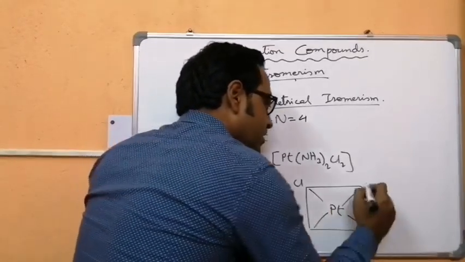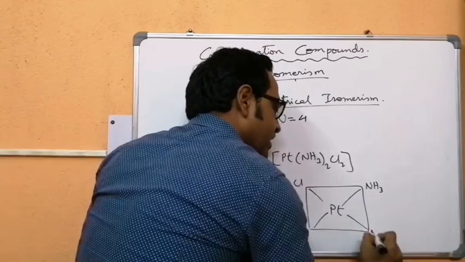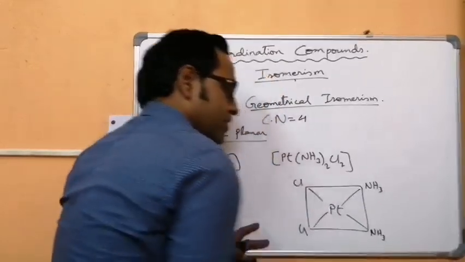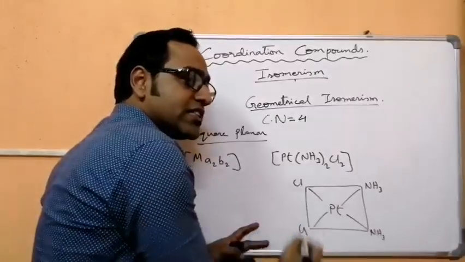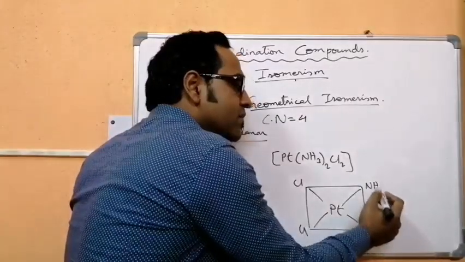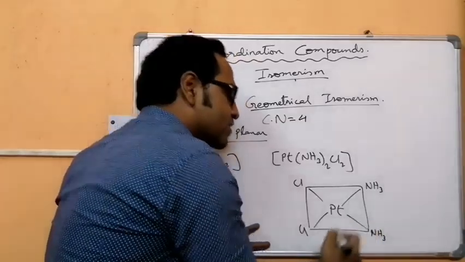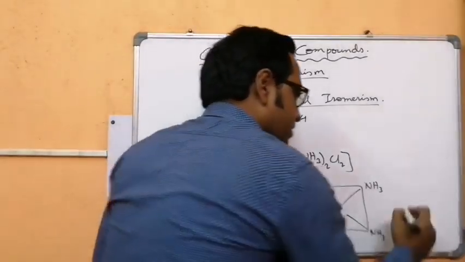When both chlorine atoms are on the same side and both ammonia ligands are on the same side, it is called cis isomer.